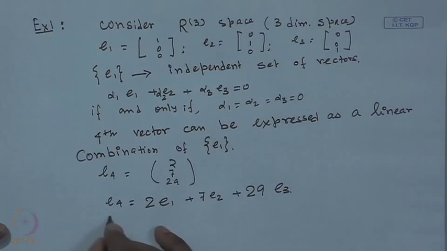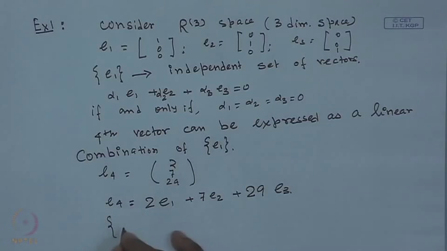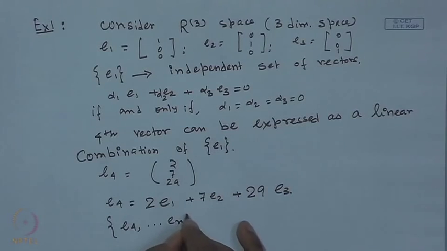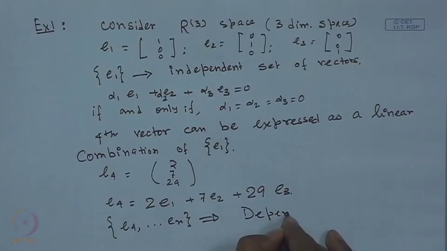So any set constituting the vectors E4, E5 up to En will constitute a dependent set of vectors.